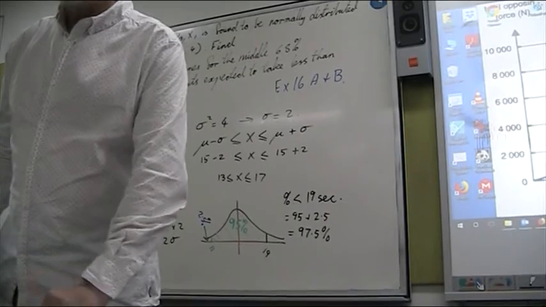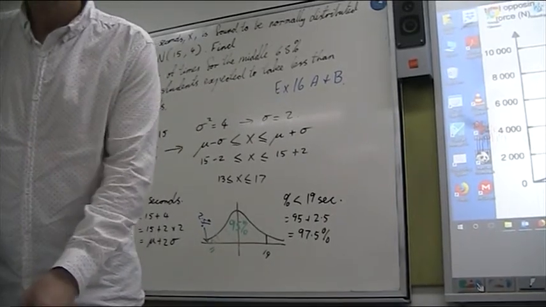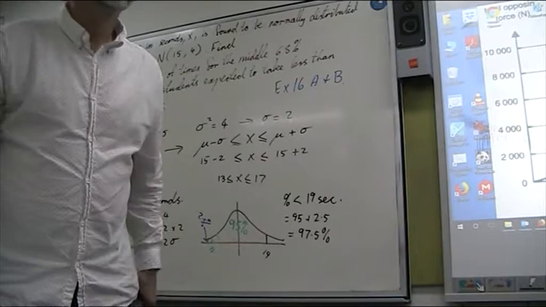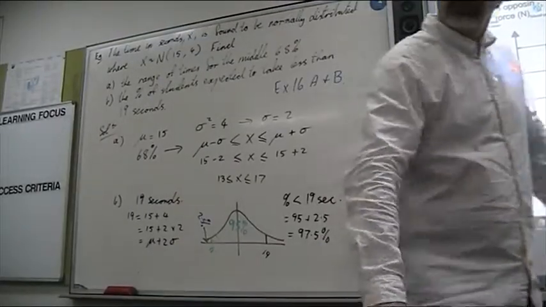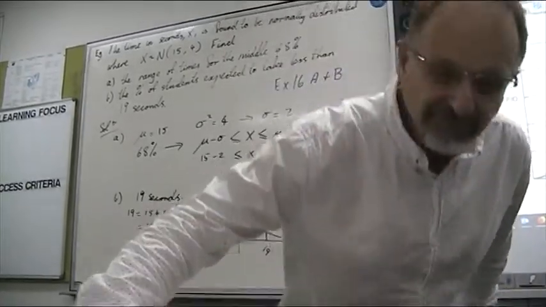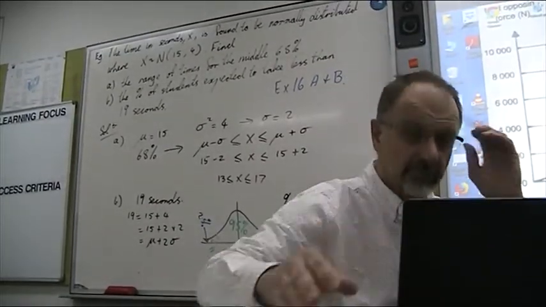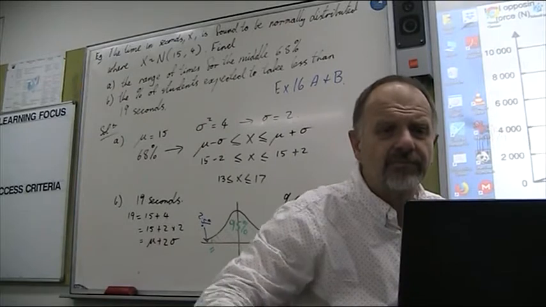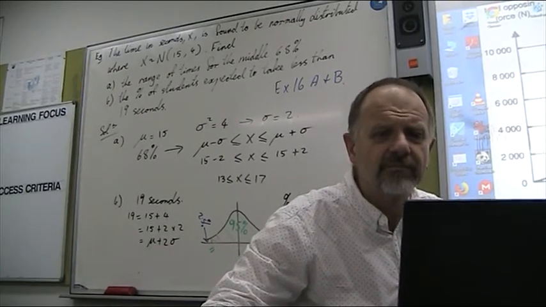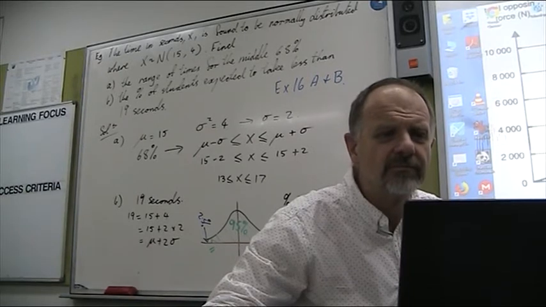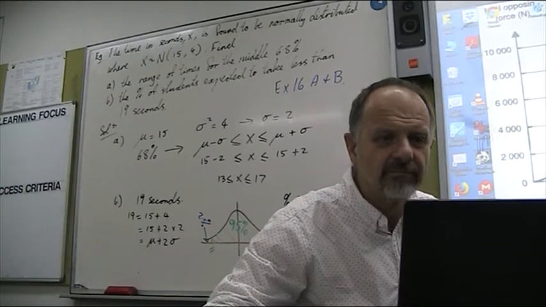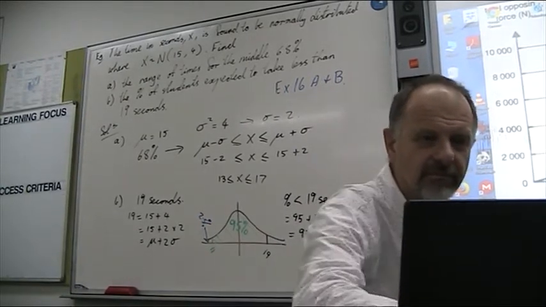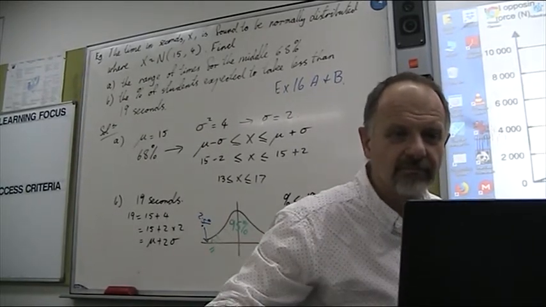How do you know that's 2 deviations? So your sigma squared equals 4. Sigma is 2. If the sigma was 3, then sigma squared would be 9.